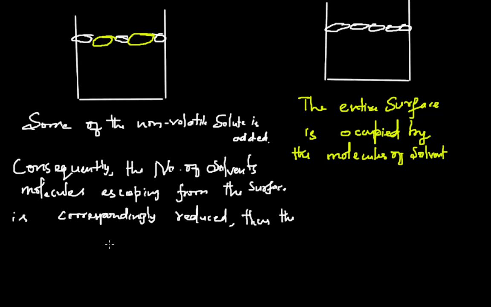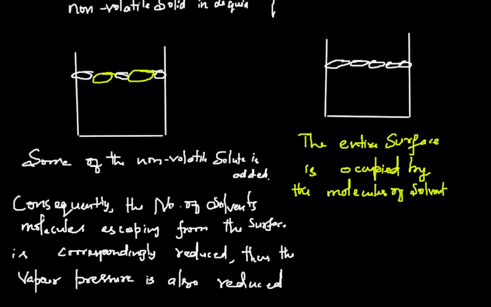Thus the vapor pressure is also reduced. So see, the number of molecules escaping itself is reduced, right? Because there are some non-volatile solute particles which are blocking the escape of volatile solvent.